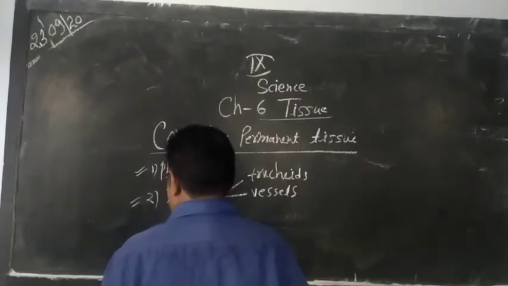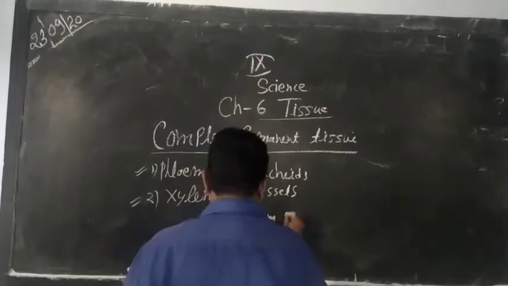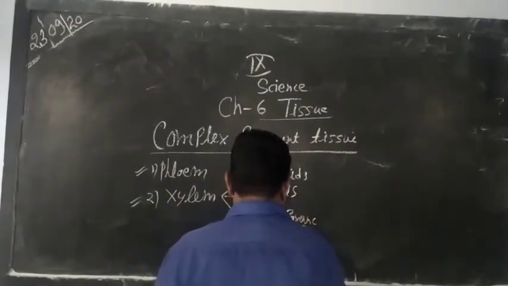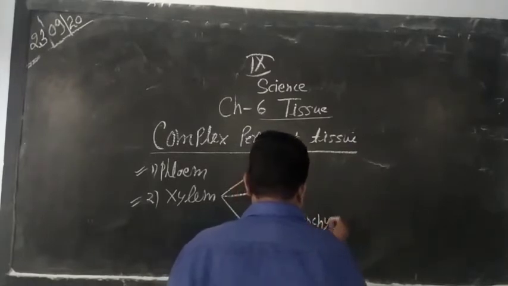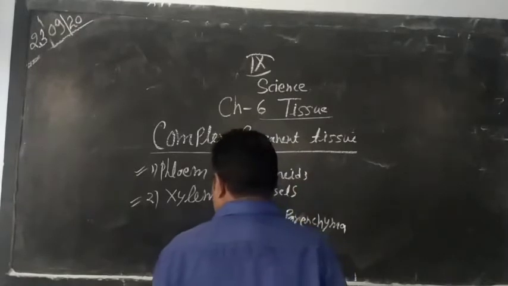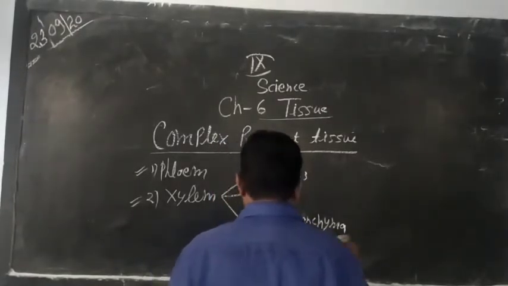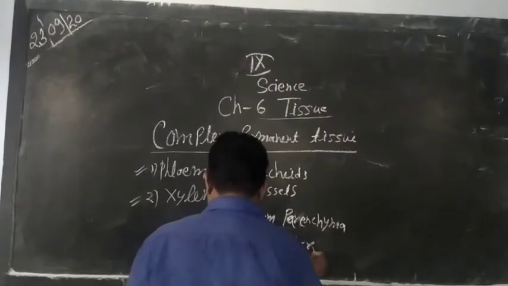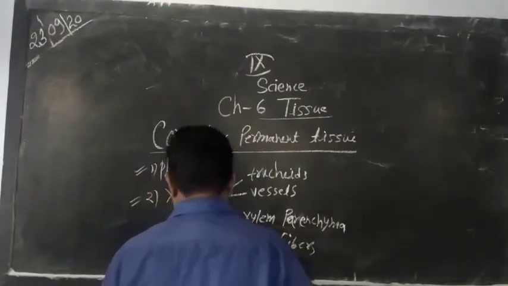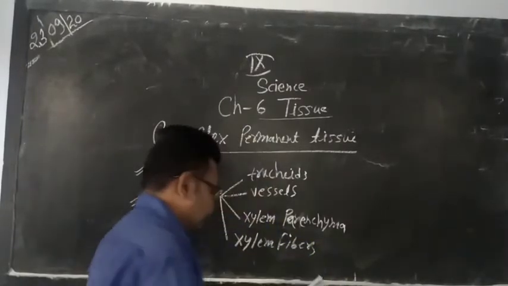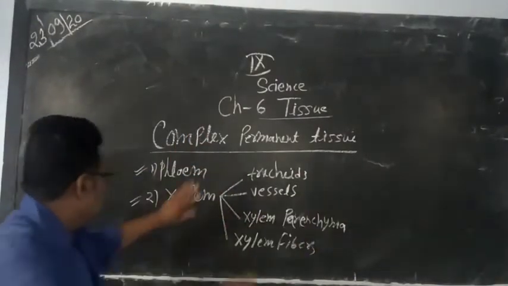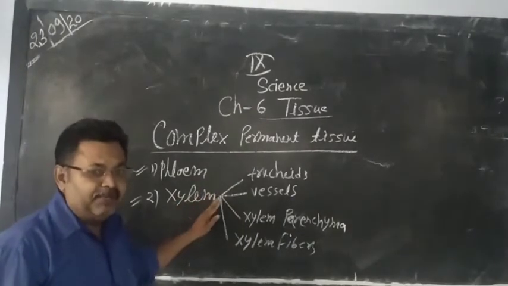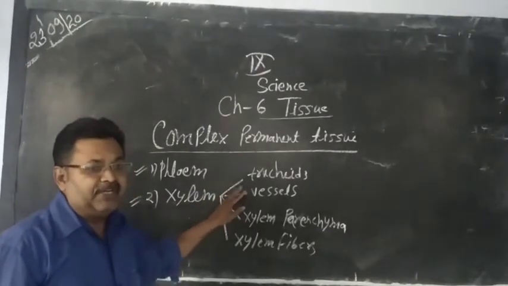Third one is xylem parenchyma and xylem fibers. These xylem connective tissues are conducting tissues which conduct water and minerals from roots to the different parts of the plant.